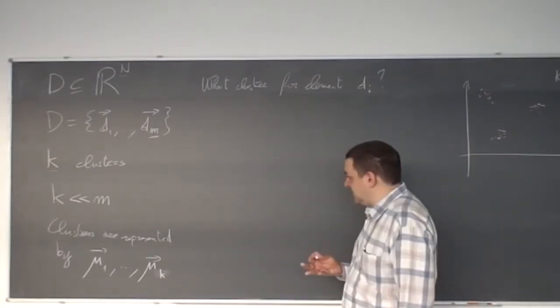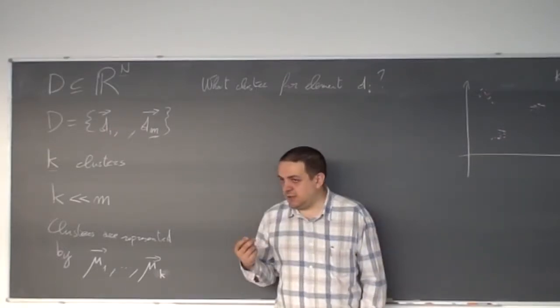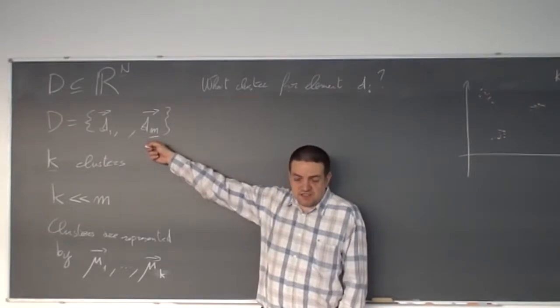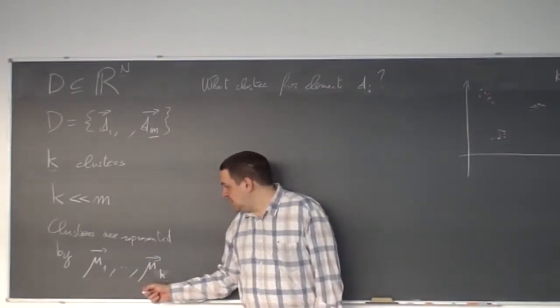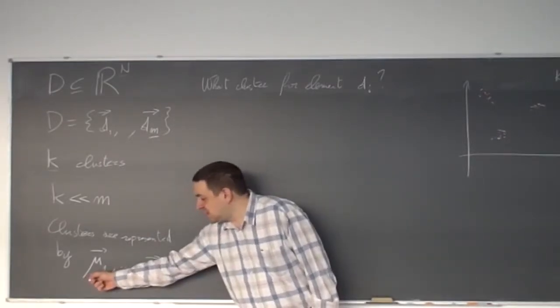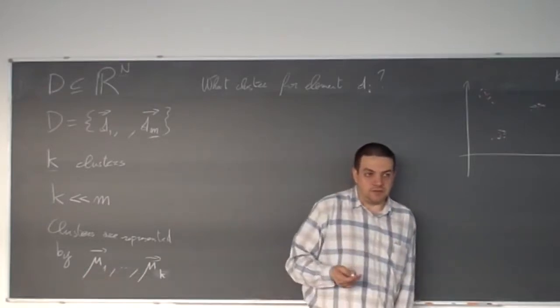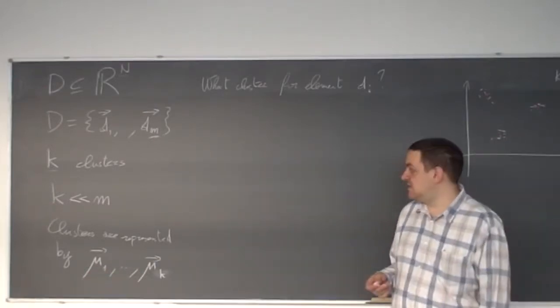The idea is that every element of our set belongs to the cluster whose representative element is closer, is nearer.